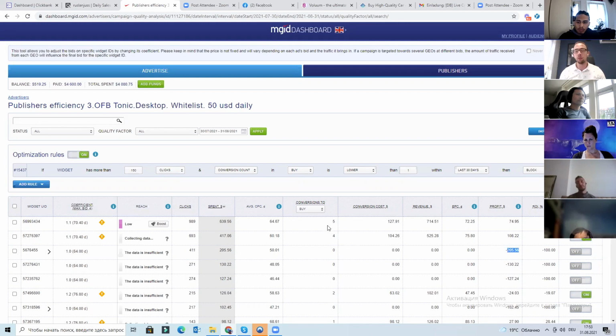So then it would make sense. Yes, and that's why I was putting the CPA rule, which was completely wrong. I understand it now, thanks for this. But that's why I put it at $80, not $130, to close a widget quicker, to give a chance to other widgets to test them also a little bit, you know? So that's why I did this.